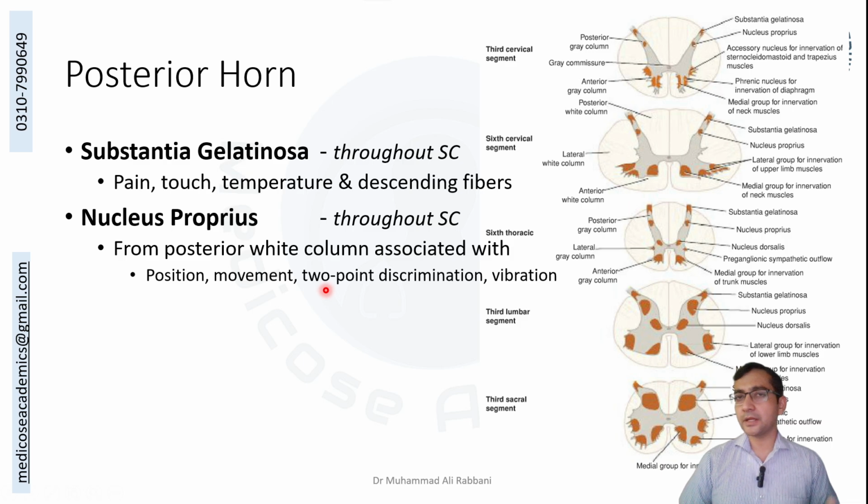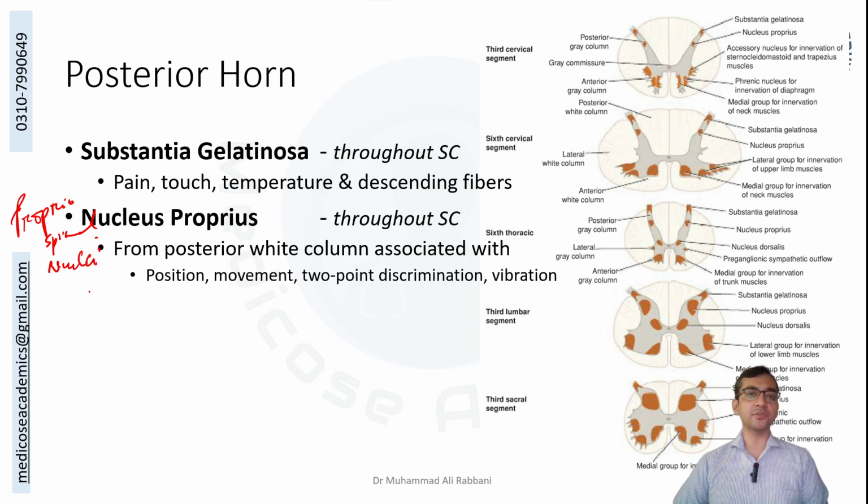And Gray's Anatomy discusses that these are majorly propriospinal nuclei. It means these are the nuclei whose axons connect the different segments of the spinal cord.